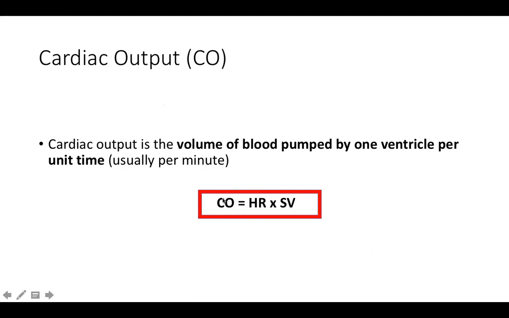They're on the same place in the fraction. There's nothing on the bottom of this fraction. So they're direct relationships. As heart rate goes up, cardiac output goes up. As stroke volume goes up, cardiac output goes up. If either of those volumes go down, cardiac output goes down.